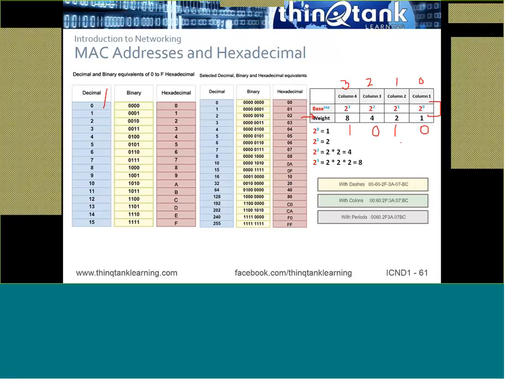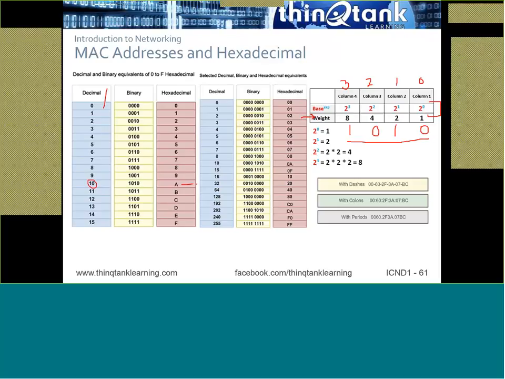So 1010 is equal to 10 in decimal, which, by the way, corresponds to A in hex. There's no mathematical calculation to get from 10 in decimal to A in hex. That's just what it is, because we match up the corresponding letters and numbers in hex to the numbers in decimal. All right?